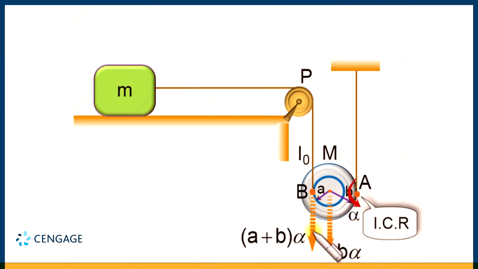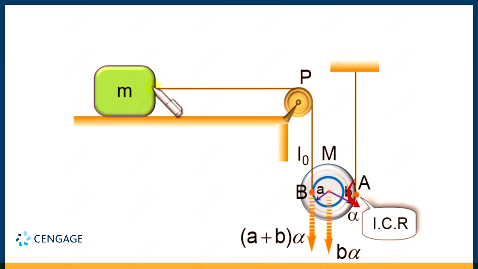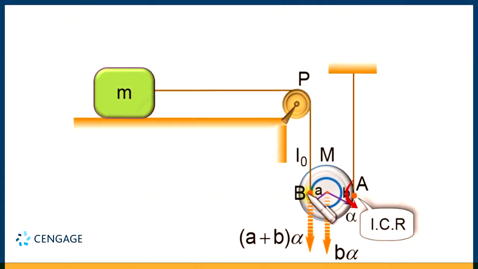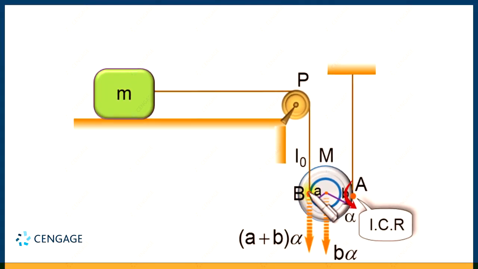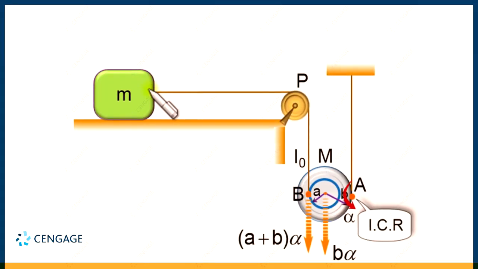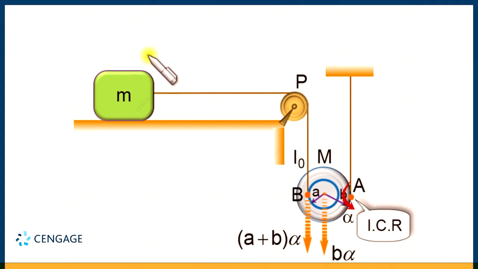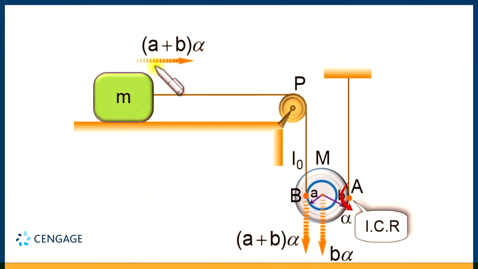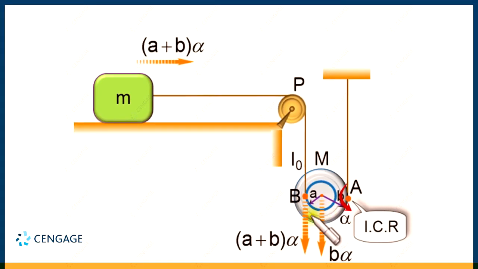This is the acceleration of point B. Now, you can observe here this string is directly connected to this point of the block, and the block will move in the rightward direction. That means the magnitude of acceleration of this point B will be the same as the magnitude of acceleration of this block, that is a plus b multiplied by alpha. These are the constraint relations.